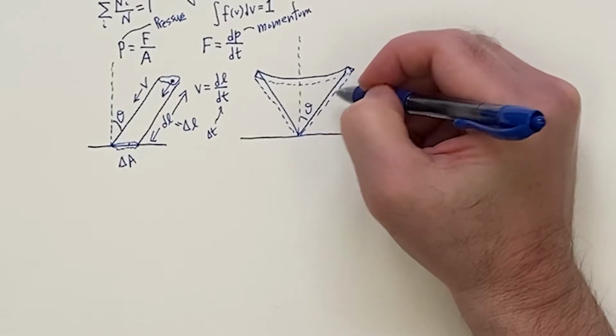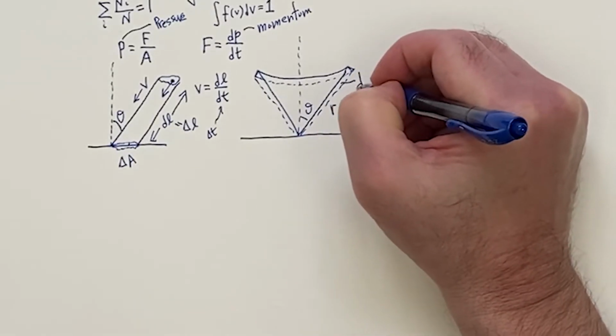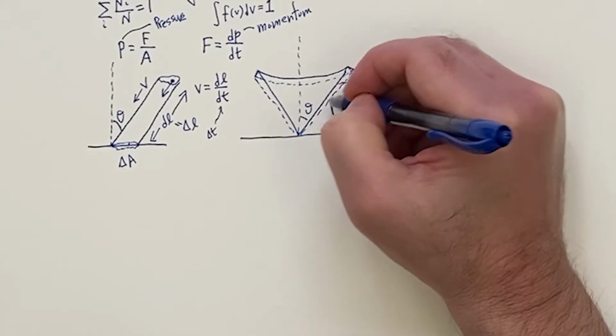So there's theta, and say we're looking at an R here, and then this is a little d theta.